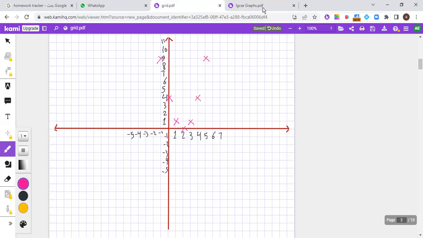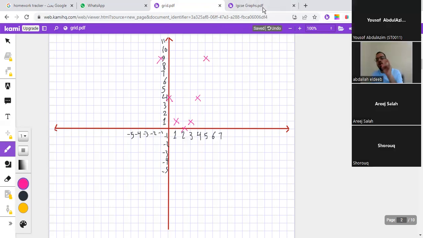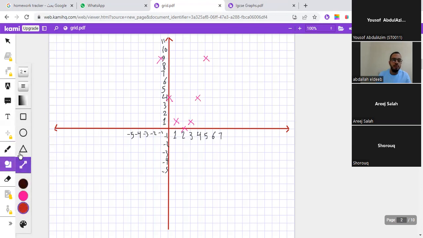Guys, please don't use your ruler. No ruler. Draw a smooth line. It's a curve, by your pencil. Don't do it like this, it will be wrong.